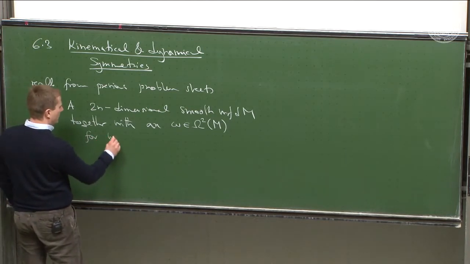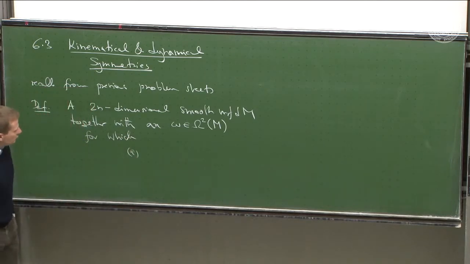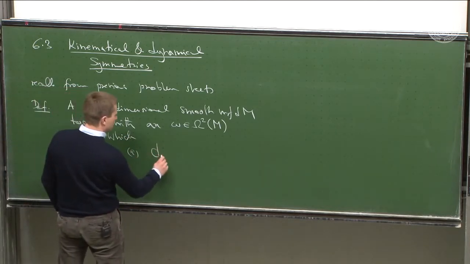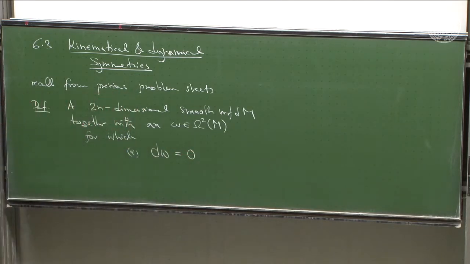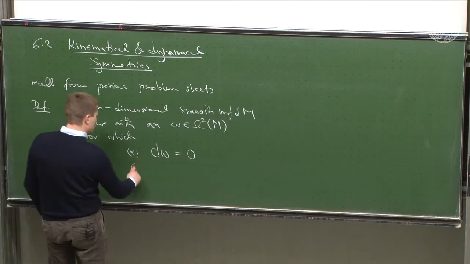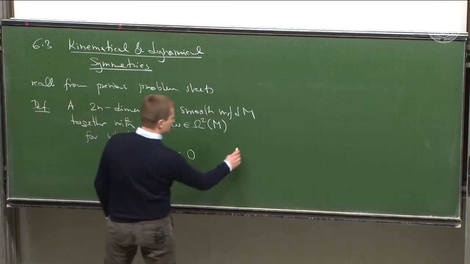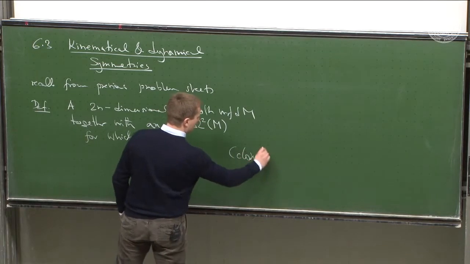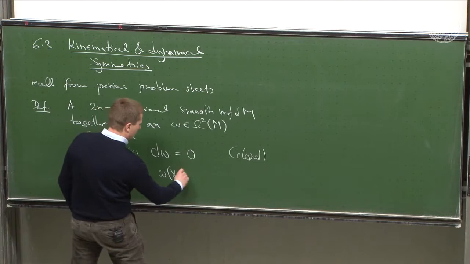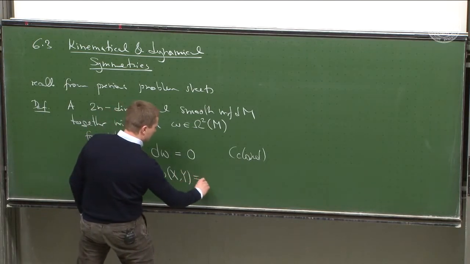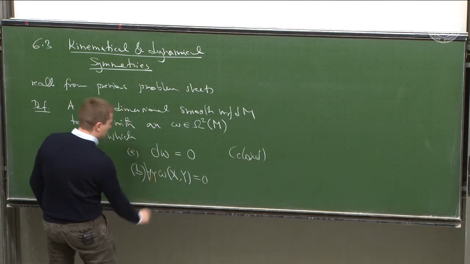for which the following holds. A, this two-form is closed, so that means that the exterior derivative of the two-form is 0. And the second condition is that the two-form be non-degenerate. Non-degeneracy here means that if you have omega(X, Y) equals 0 for all Y, well, what is Y?